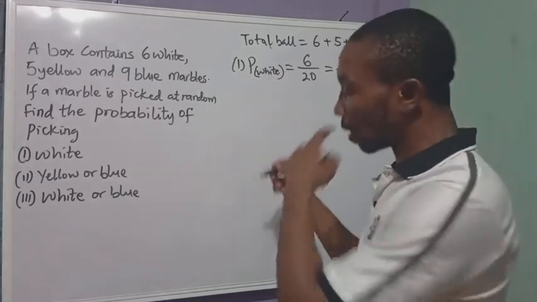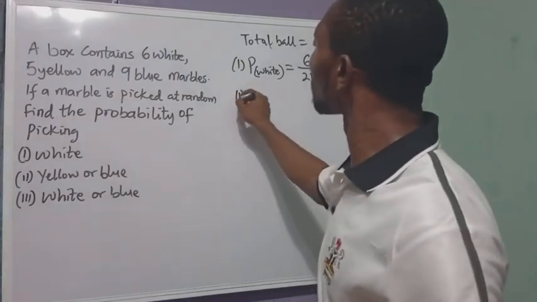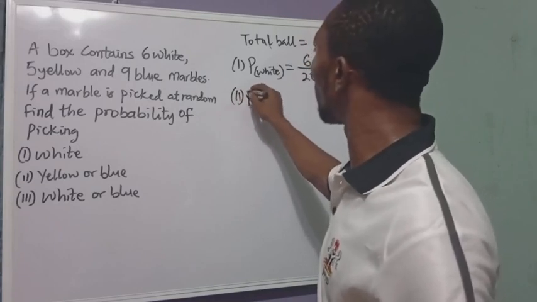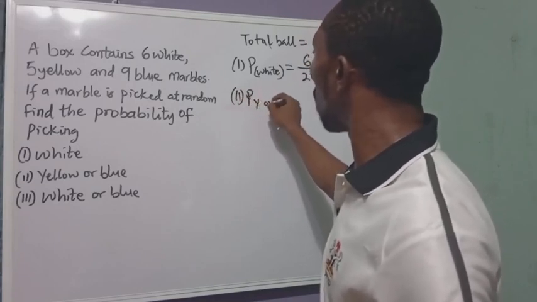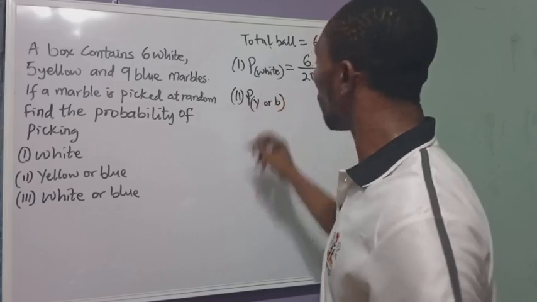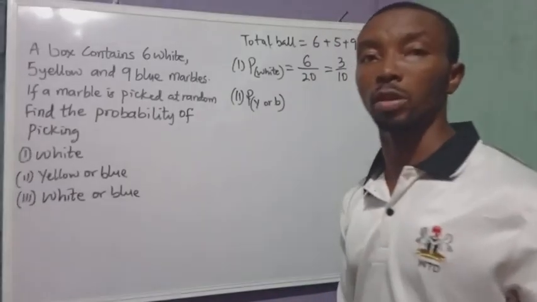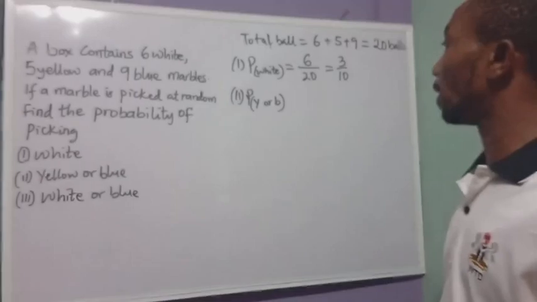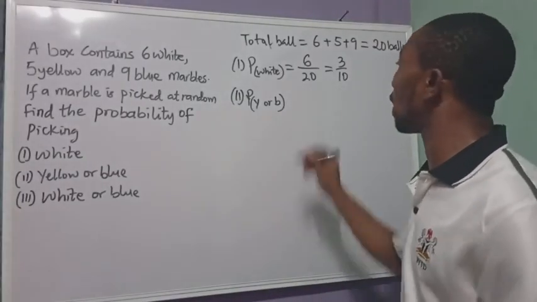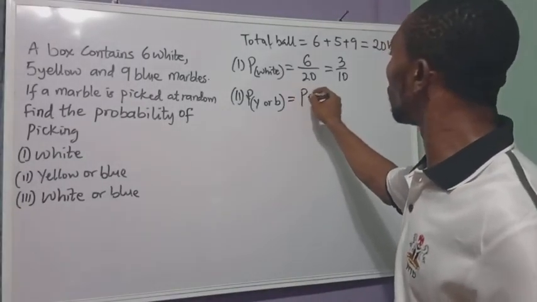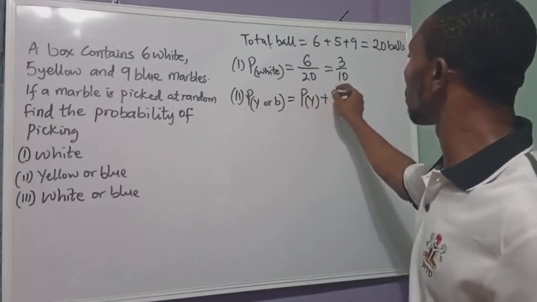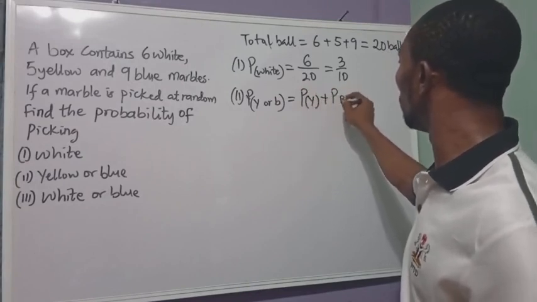Now the probability of picking yellow or blue. Remember, for mutually exclusive events, we have the probability of yellow plus the probability of blue.